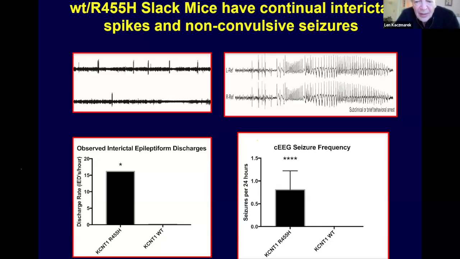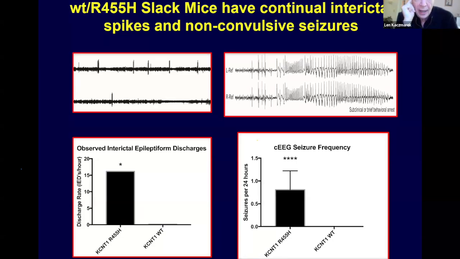Okay, so let me move to an animal model. We made the mutation R455H, the mouse mutant, which corresponds to the human R474 mutant. And again, when Imran Qureshi first looked at these mice, he was disappointed because he couldn't see any seizures, he couldn't see any phenotype.